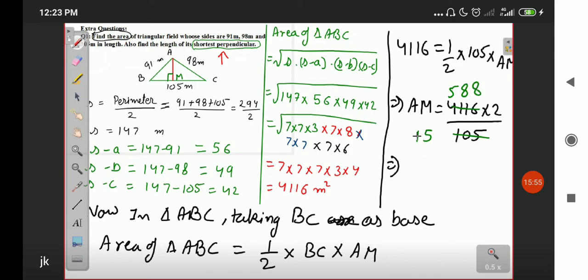And then 3, 3 5 is 15. 3 1 is 3. 2, 3 8, 3 9 is 27. 3 6 is 18. So the value of AM will be 196 into 2. So that is 2 6 are 12, 2 9 are 18, 19, 2 1s are 2, 3.